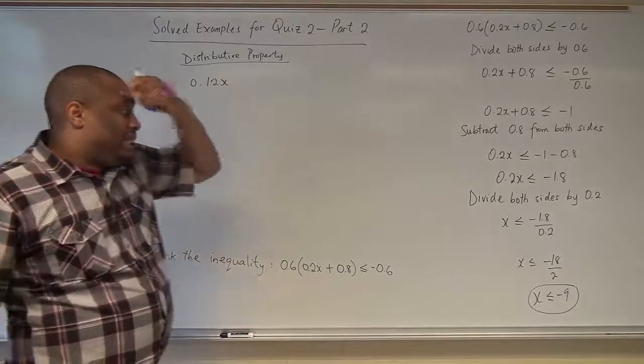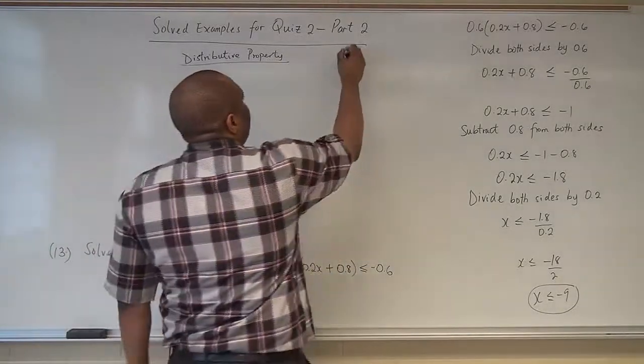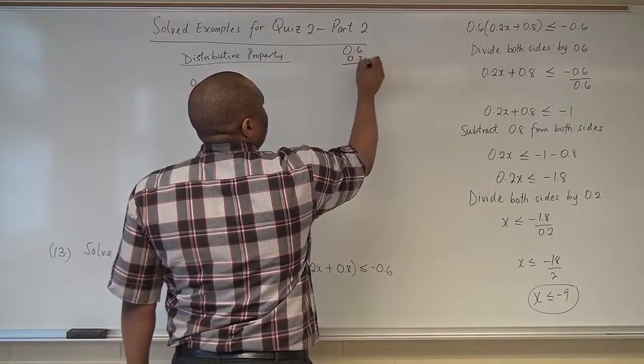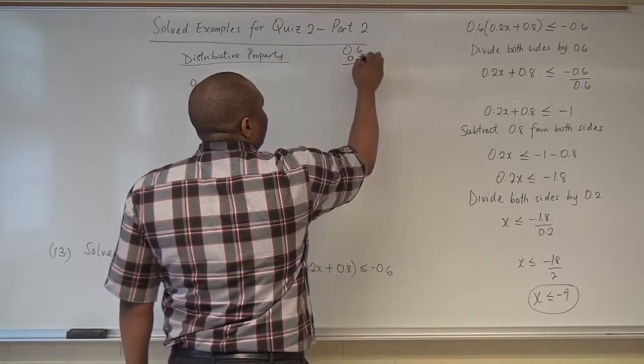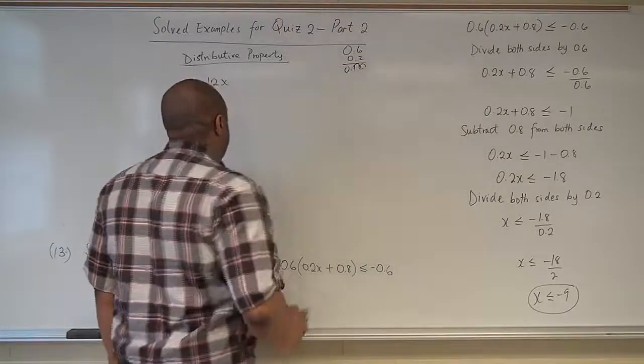Okay, did you see what I just did? Because I'm not using a calculator, 0.6 times 0.2, 6 times 2 is 12, and you have 2 decimal places, 1, 2 here, 1, 2. This will give you 0.12.